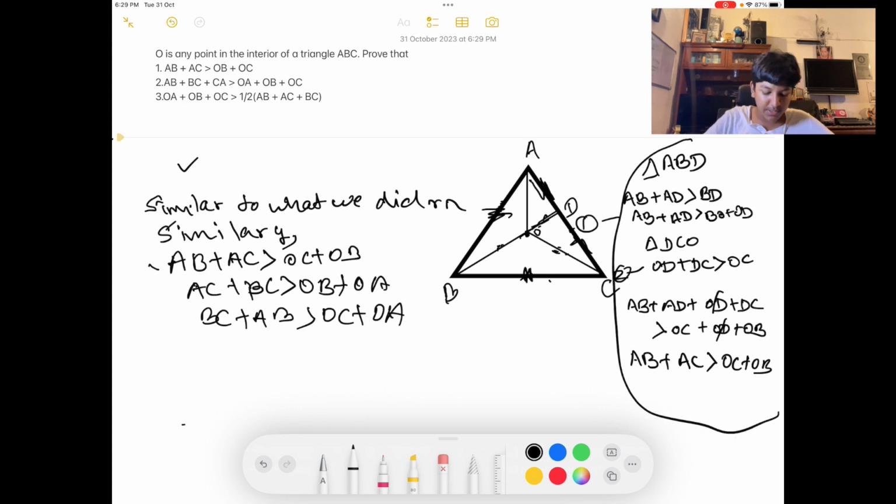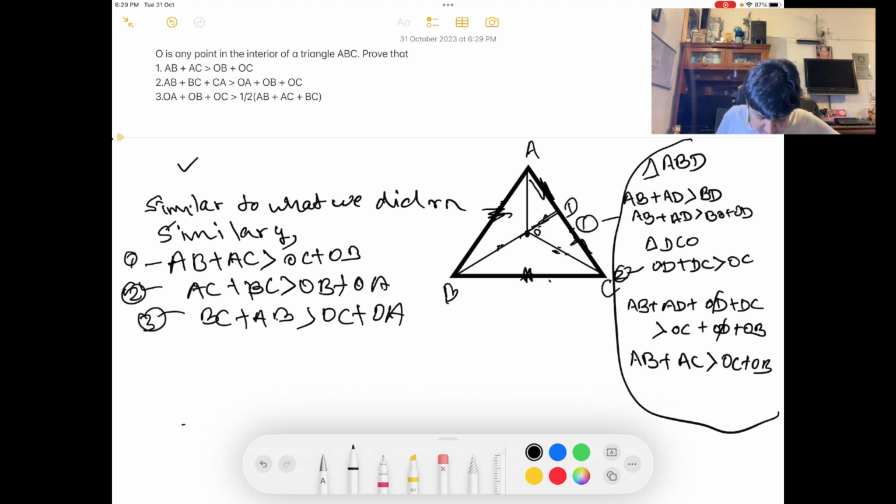If you want to verify this, you just have to repeat the steps for the other two sides. Then it will show that we get these results, right? And after getting this, we will add all the three equations.